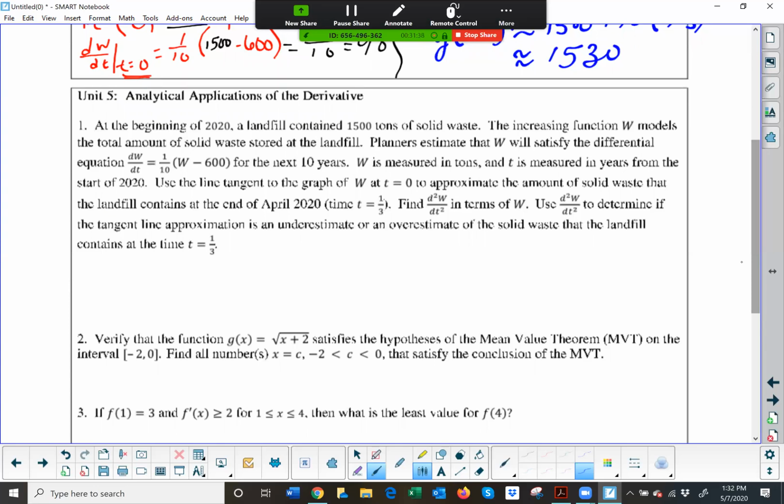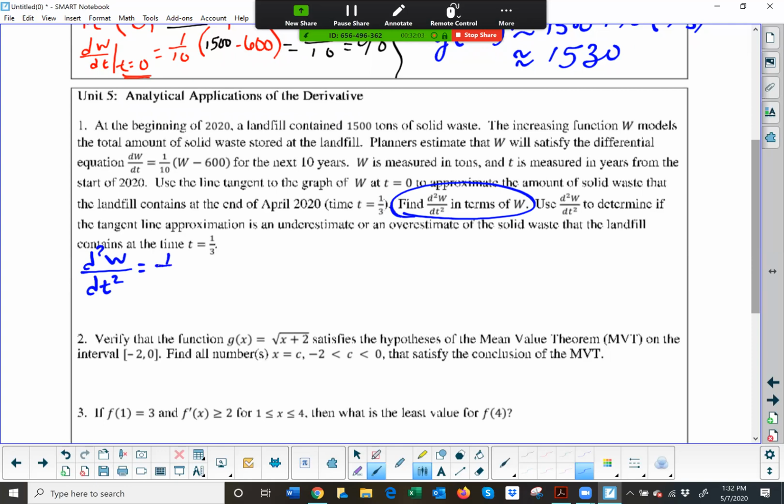We did that part. Find the second derivative in terms of W. We did that on that previous page, because I think that's exactly the same equation, isn't it? So we knew we had the second derivative. I'm just going to bring it into this workspace.